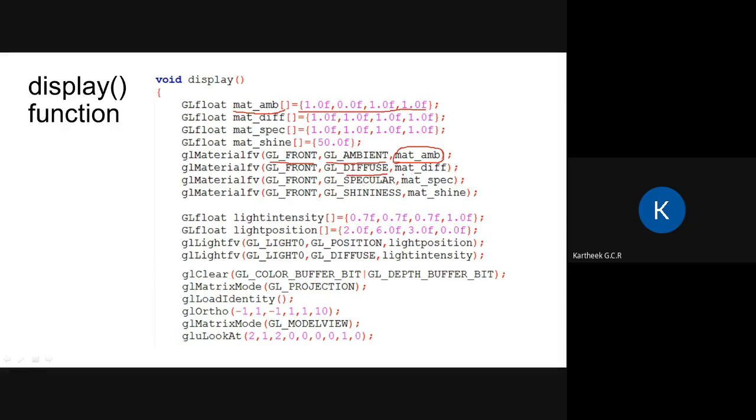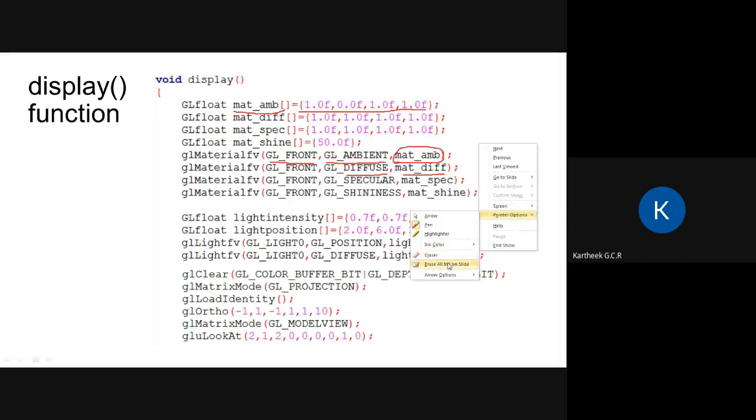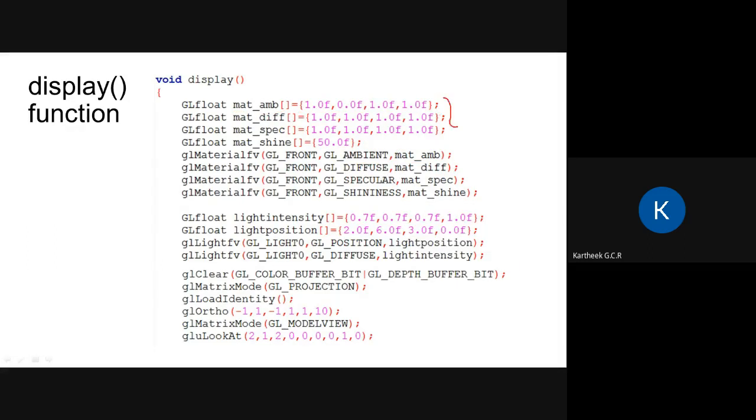Similarly, diffuse properties are in mat_def, and specular and shininess are respectively present in mat_spec and mat_shininess. You can play around with these values and try to get different types of illumination in the scene.